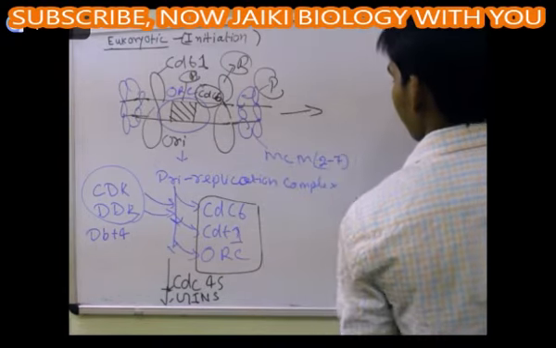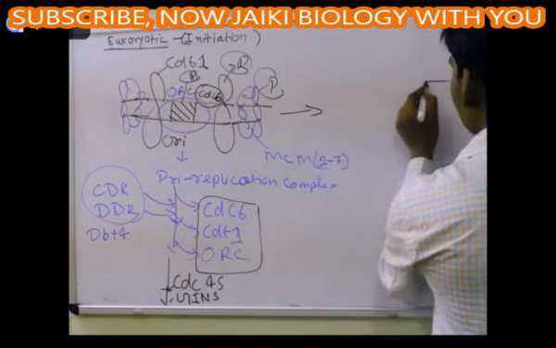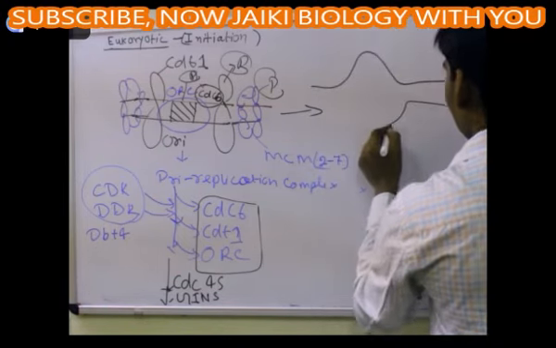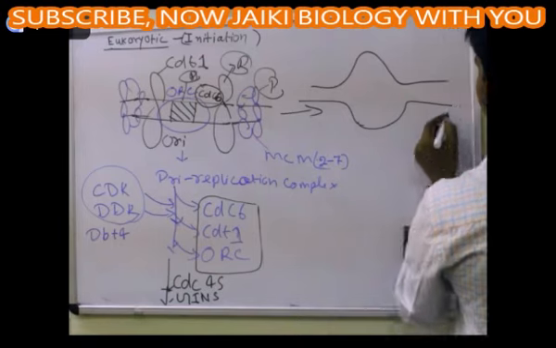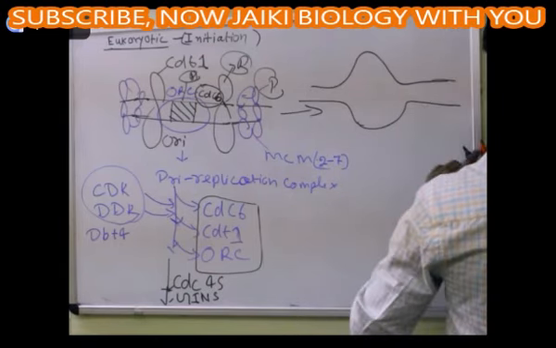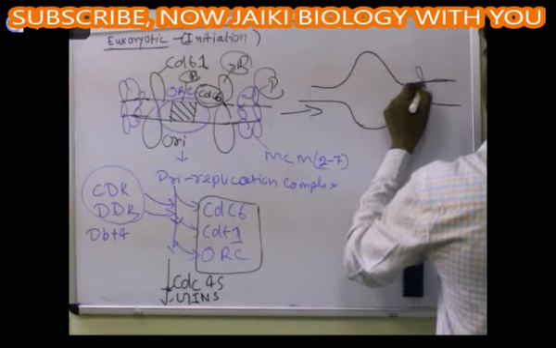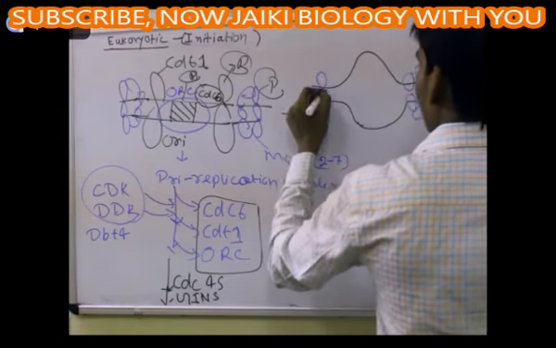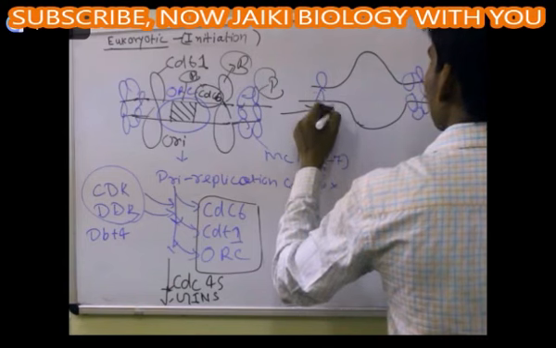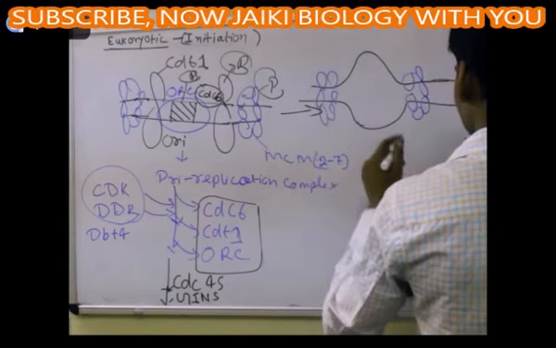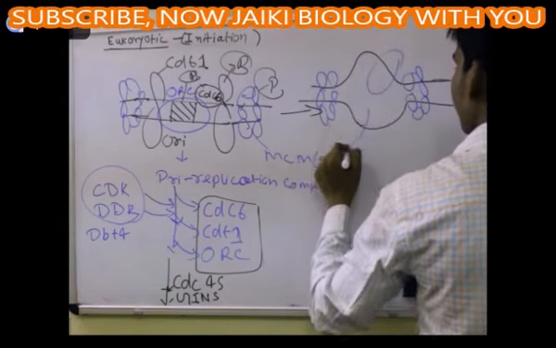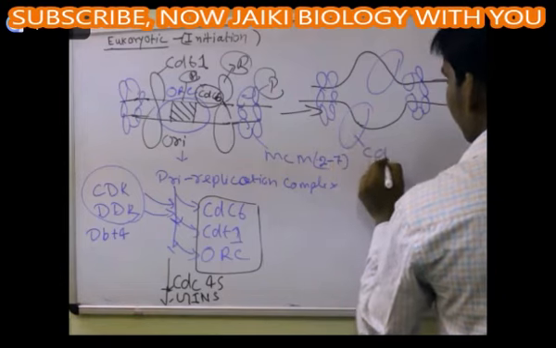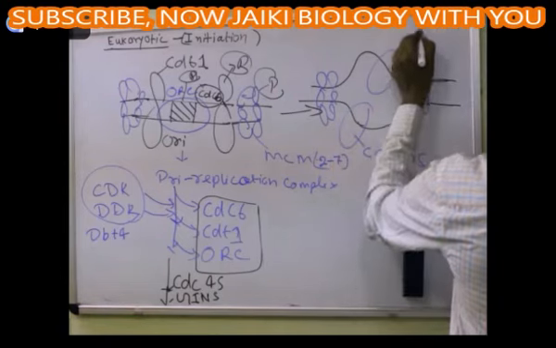You will see the structure of the replication bubbles, where the minichromosome maintenance proteins are on both sides, and there are the GINS and CDC45.